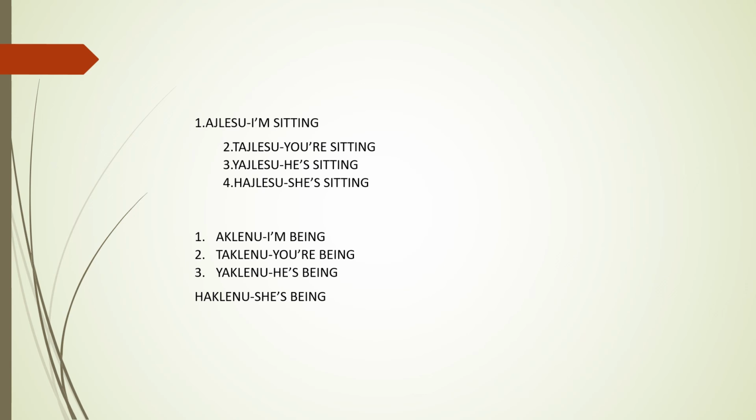When you add the a, i, u inside of the ki, li, ni, that forms the base form of the present tense happening right now. When you're saying aklinu or ajlisu or azhibu, it is happening right now. So aklinu would mean I'm being.